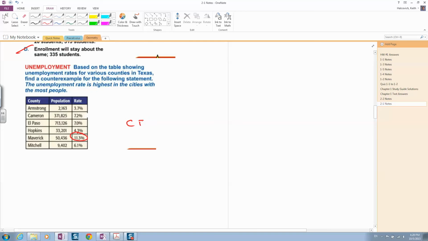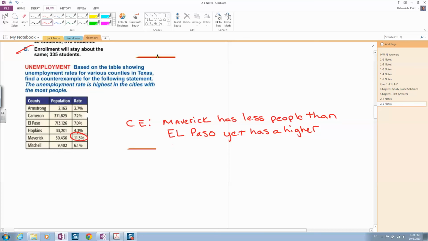So the counterexample is Maverick has less people than El Paso yet has a higher unemployment rate. So that's our counterexample.